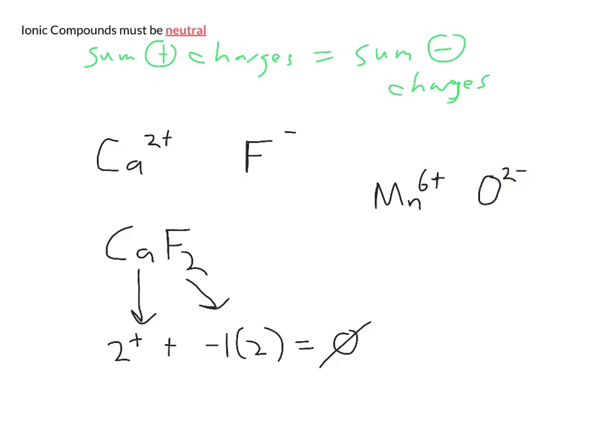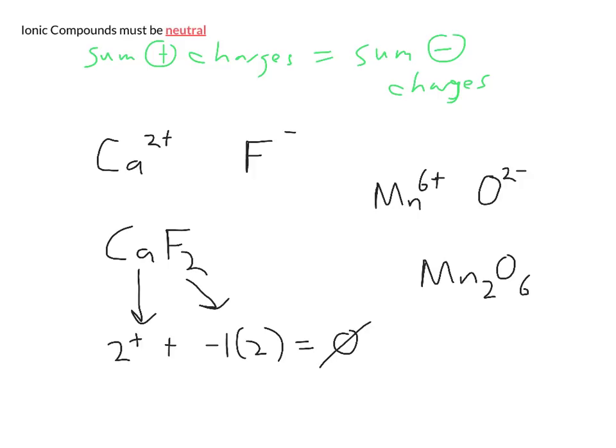The 2- becomes the subscript for manganese, so we have 2 manganese cations, and the 6+ becomes the subscript for oxygen, so 6 oxide anions. So now, 2 manganese cations, 6 oxide anions.